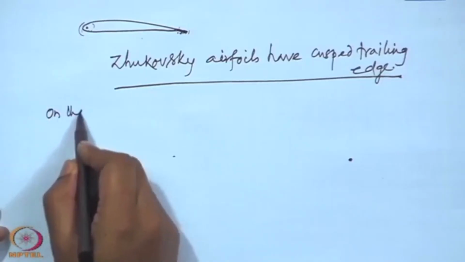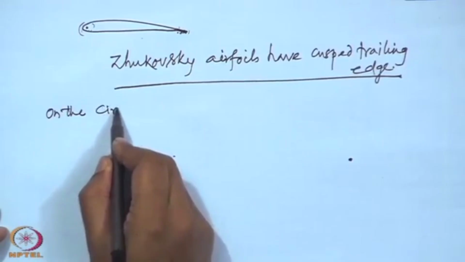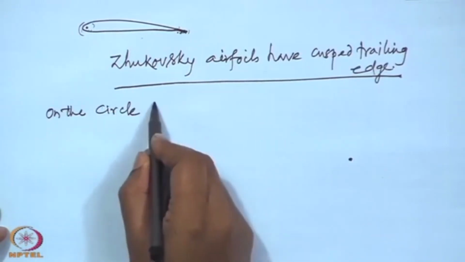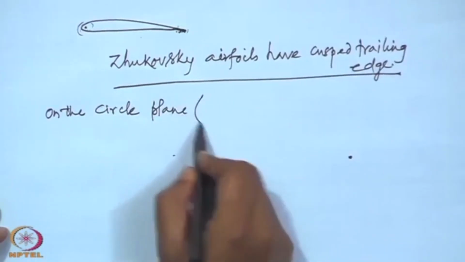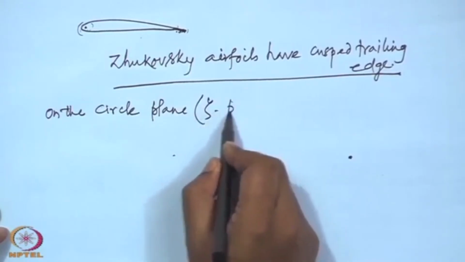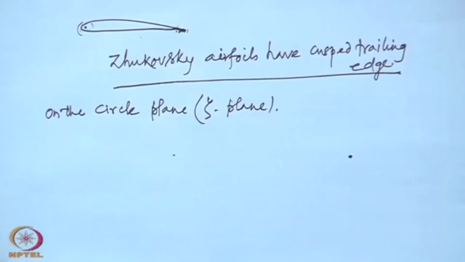On the circle plane, which is the zeta plane, what is the complex potential? Or say, the complex velocity.